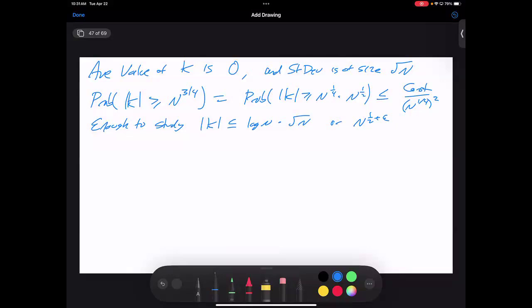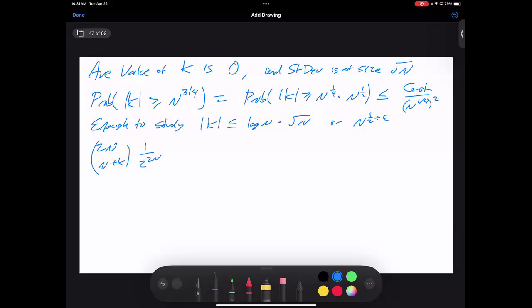So the idea is to get a sense of what scale we want to study things. If k is very, very large, Stirling's formula will fail when I try to expand things. If k is very, very small, we'll be in great shape. So we have 2n choose n plus k, times 1 over 2 to the 2n.